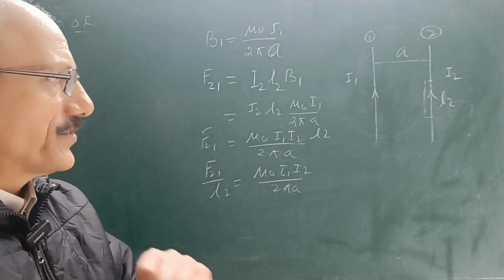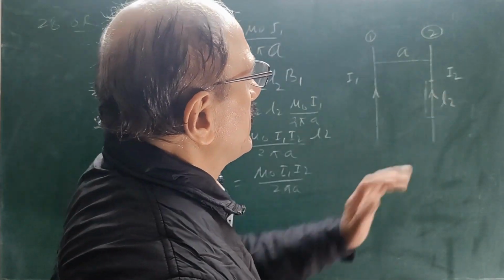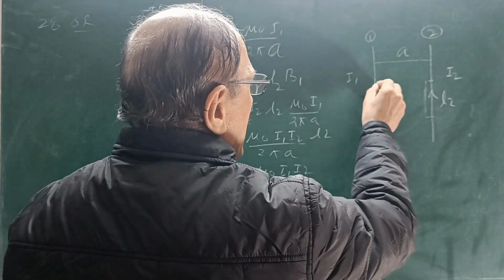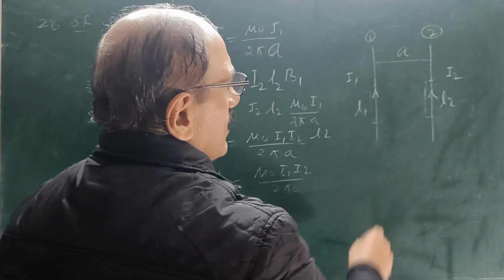In a similar fashion, we can consider the current flowing through this conductor and a small length L1 here.